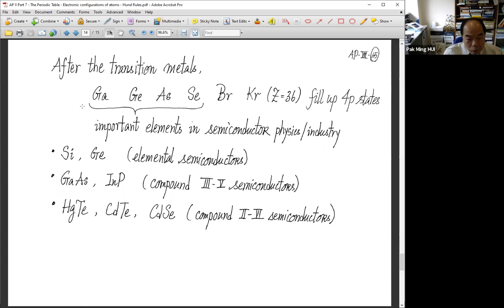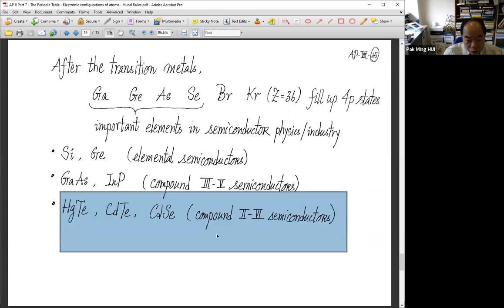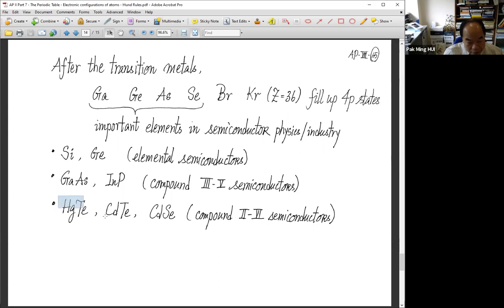Similarly, from some group 2 and group 6 elements, you have other compounds that are very useful semiconductors. For example, these two can be put together to make night vision equipment.